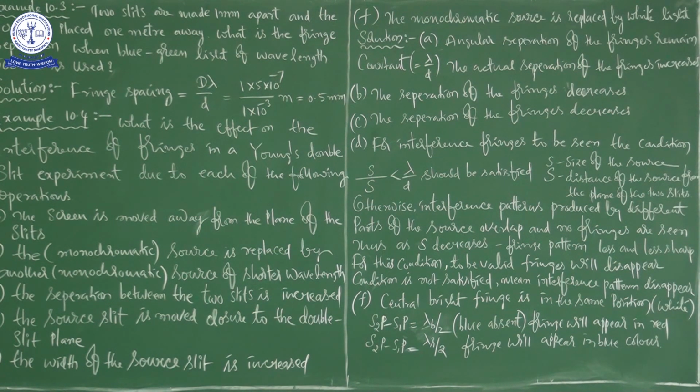First, the interference patterns due to different component colors of white light overlap. So white light consists of 7 different wavelengths, different component colors from violet to red.